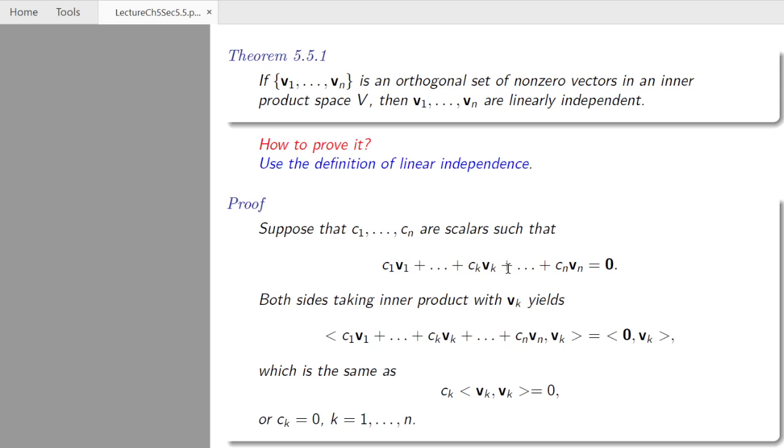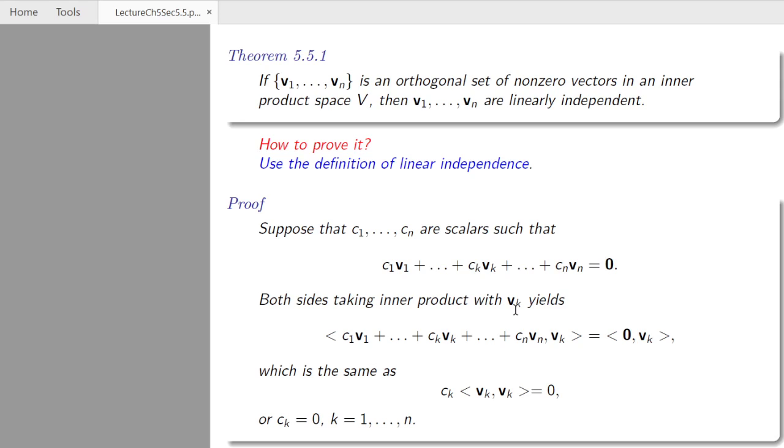Then on both sides we consider the inner product with vector vk. You can ask why in the middle we have this term ck vk. The reason is we want to take the inner product of each side with the vector vk.